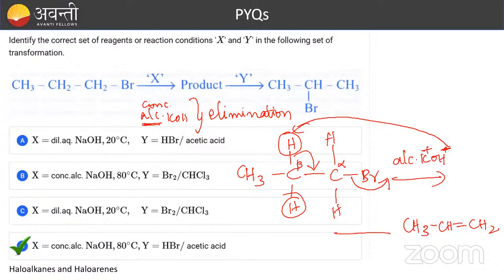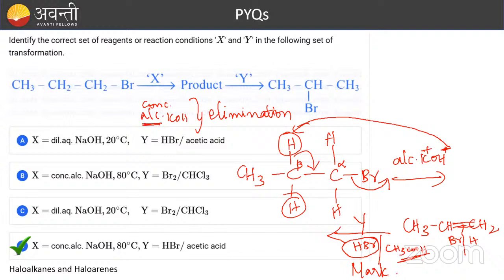If this is treated with reagent Y, Y is HBr in the presence of acetic acid, CH3COOH. Acetic acid is a solvent, so it will not take part in the reaction; HBr will react. Addition of HBr to an alkene is an example of Markovnikov's addition. According to Markovnikov addition, we break the double bond, add bromine to the carbon which has fewer hydrogens, and add hydrogen to the carbon which has more hydrogens.